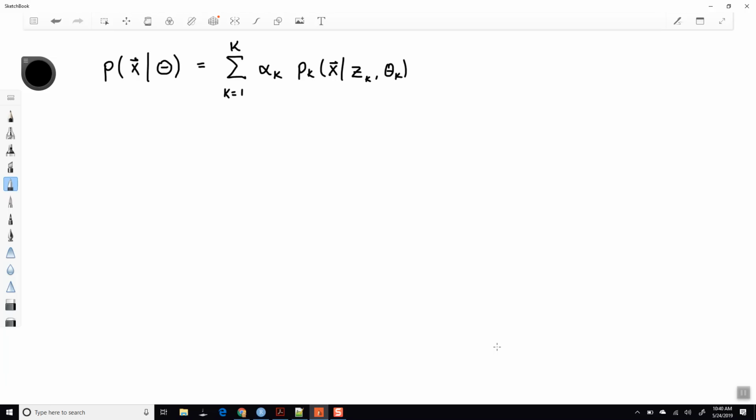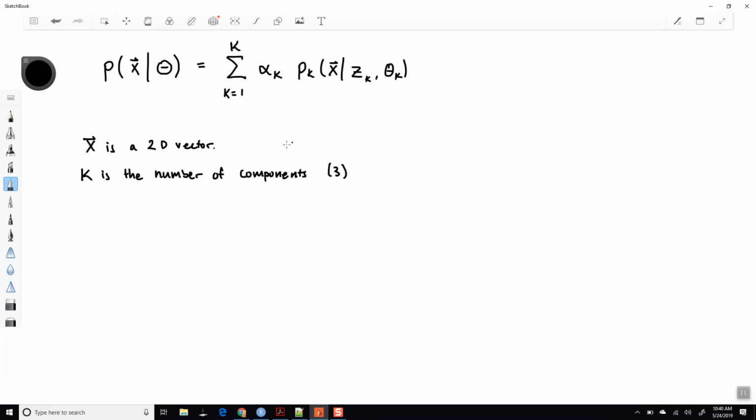So, x is a two-dimensional vector. Okay. And K is the number of components, which is, in our case, 3.